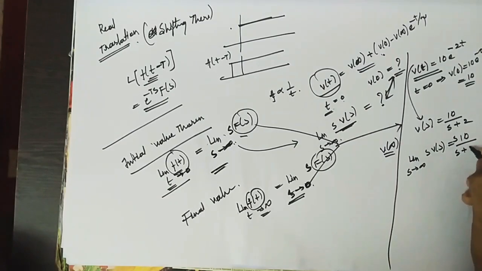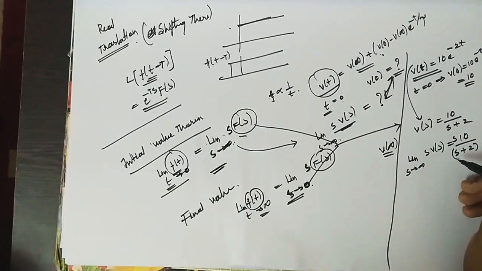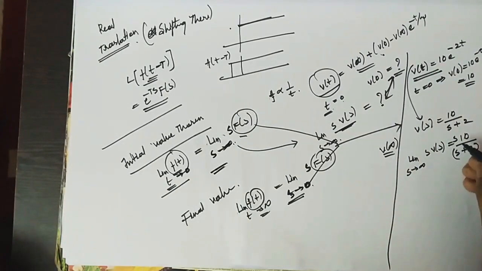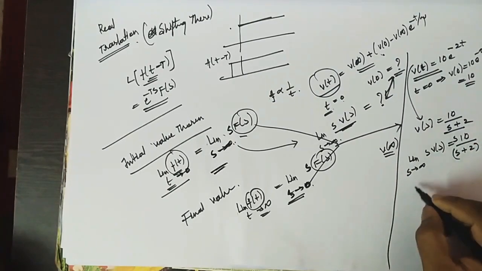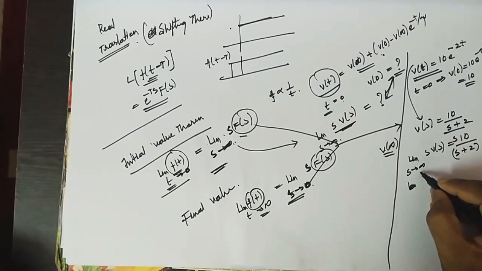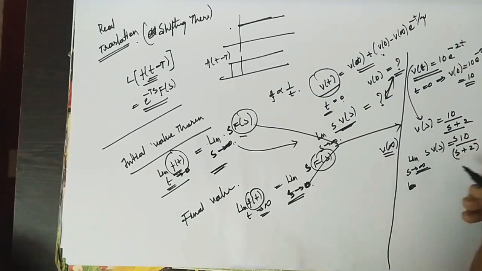That becomes 10 s by s plus 2. Taking the limit as s tends to infinity, you extract s, giving 1 plus 2 by s.